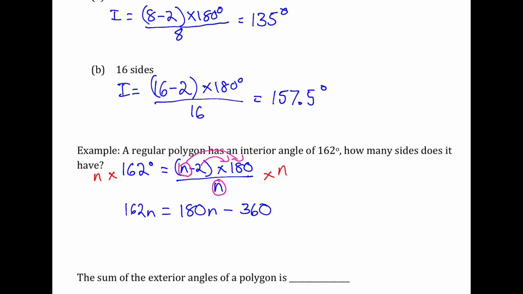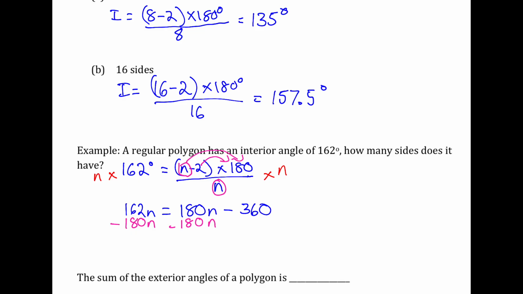Cancel isn't actually a math word. We use it as a shorthand for doing multiply, divide, add, or subtract. We're actually going to do a subtraction step next. It was a little bit of a guess, but we're going to subtract 180 from both sides.